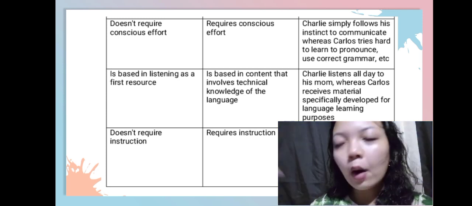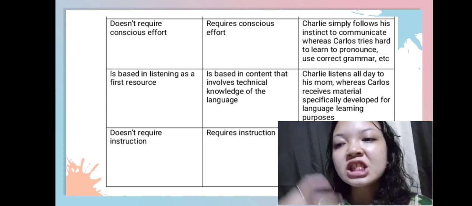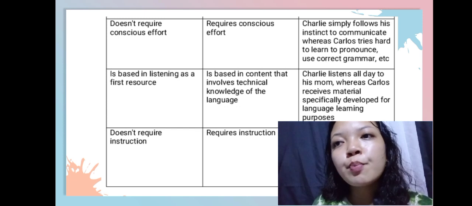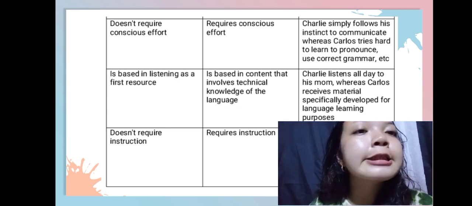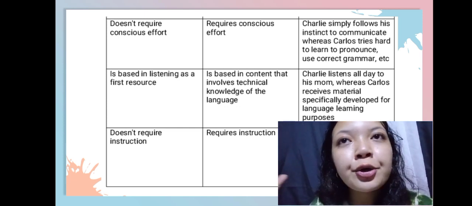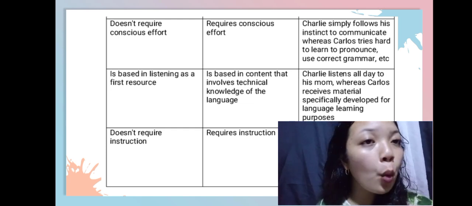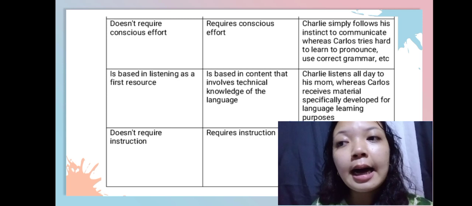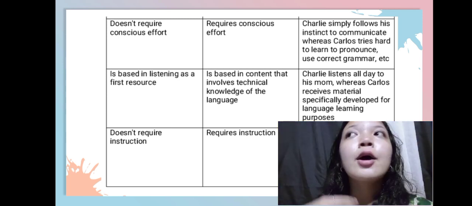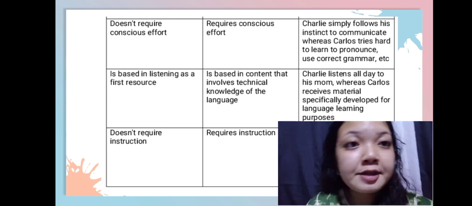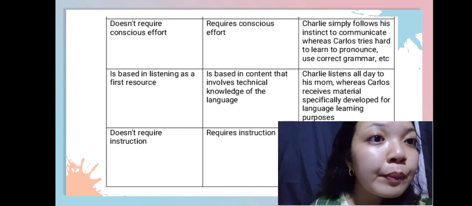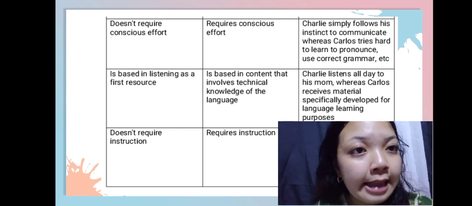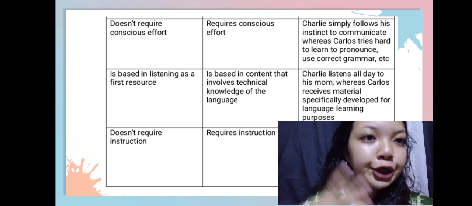How am I supposed to speak it? How am I supposed to create a sentence, for what? For me to have a right or correct way of saying it for other people who also speak the language to understand me.